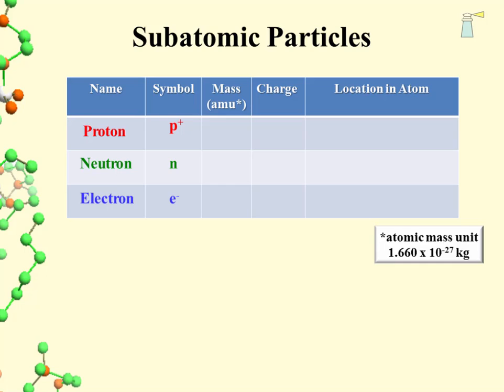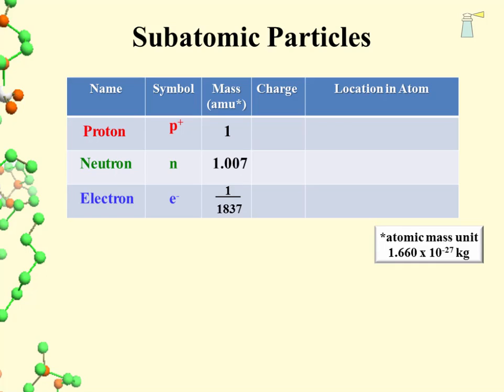As it serves as a definition of AMU, it should be no surprise that the mass of the proton is 1 AMU. The neutron has a very similar mass. It is only slightly larger at 1.0007 AMUs.